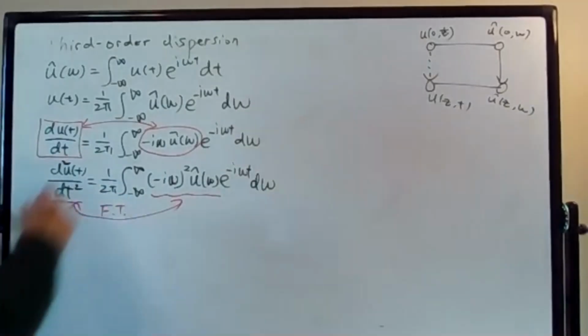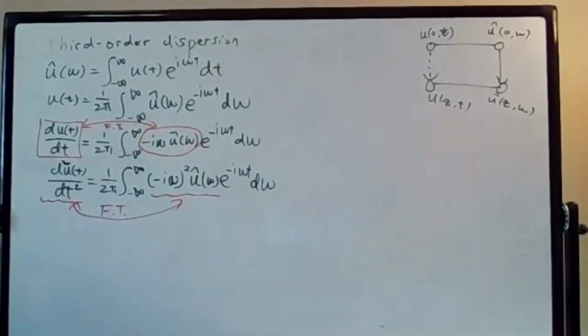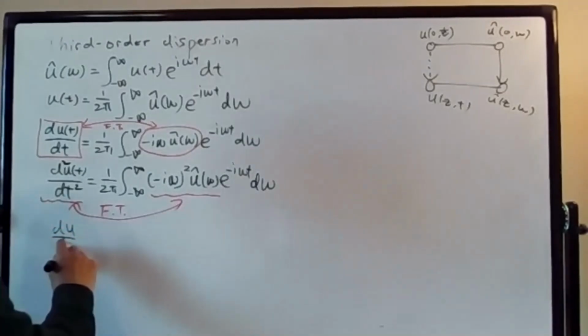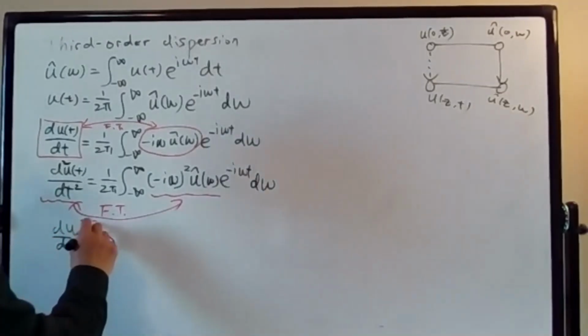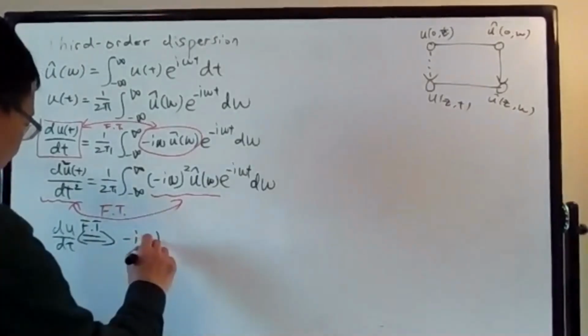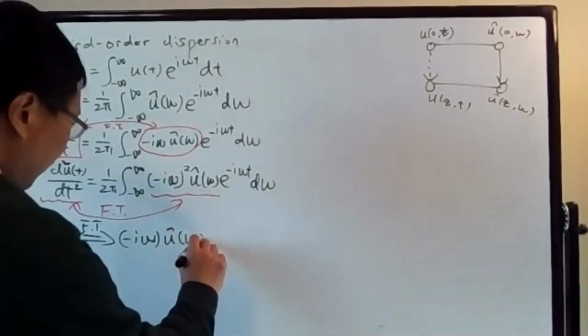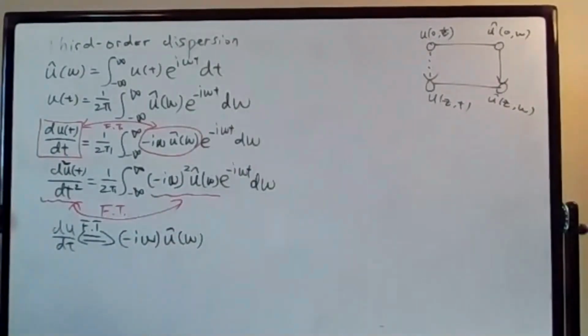So we can rewrite it: if u t and u tilde omega are a Fourier transform pair, then du dt and negative i omega u tilde omega are also a Fourier transform pair.